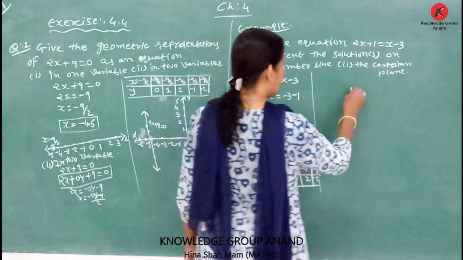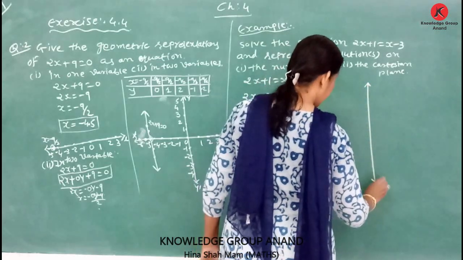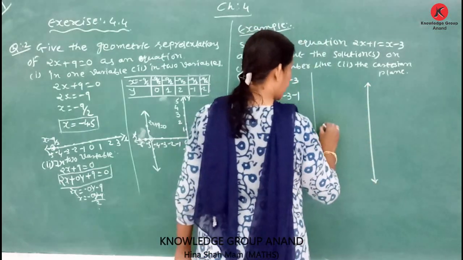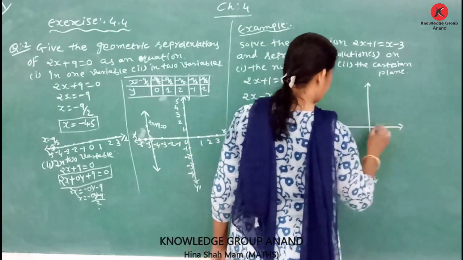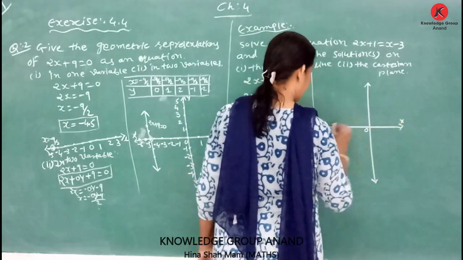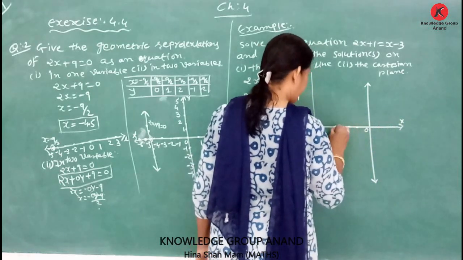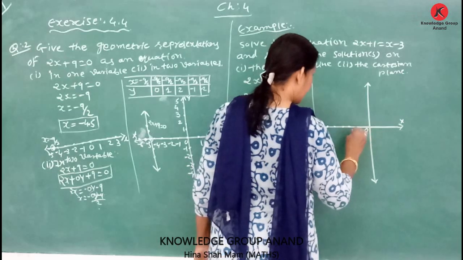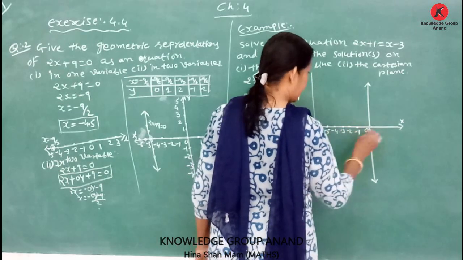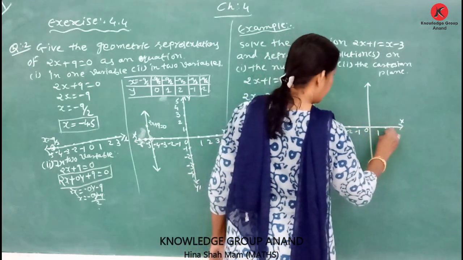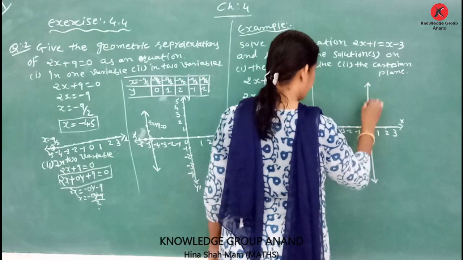Okay, we draw the graph. Mark minus 4, and on the axes minus 1, minus 2, minus 3, minus 4 and 1, 2, 3.